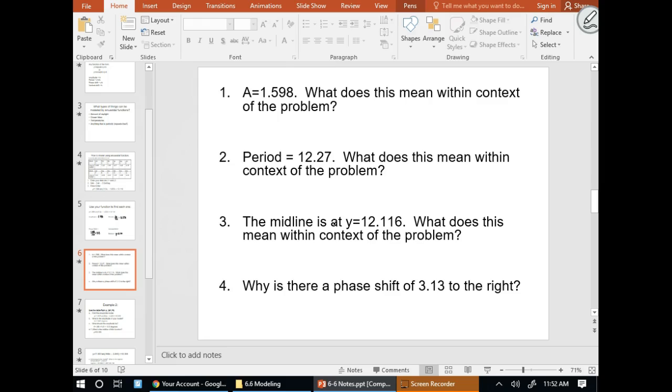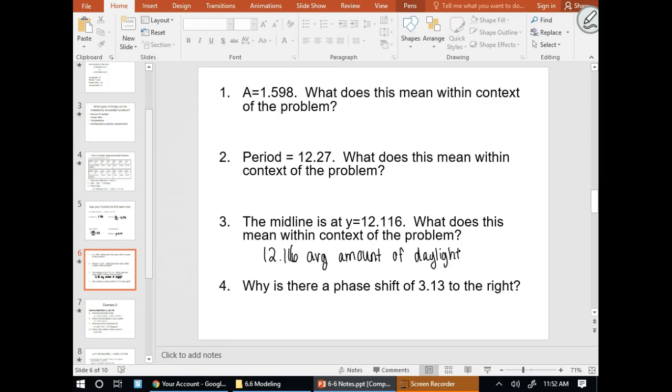It is your average amount of daylight. So 12.116 is your average amount of daylight. Okay, so the midline is usually going to be the average of whatever your Y value is because it's right there in the middle.